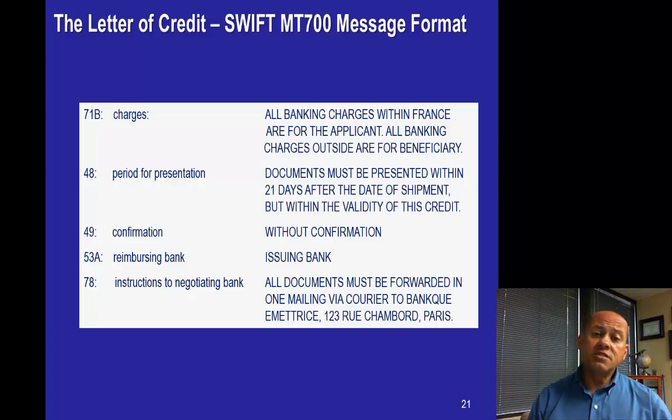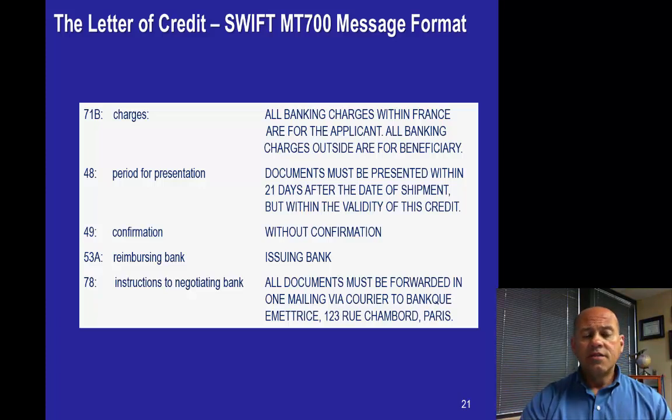Now, most banks in most countries will allow for confirmation of their letters of credit. Now, there are some exceptions. For example, in China, Chinese banks, by and large, do not allow confirmations of their letters of credit. So it's good to check about confirming letters of credit.